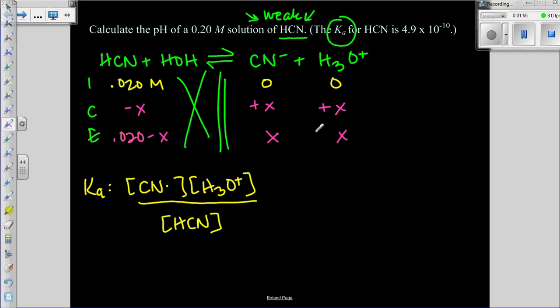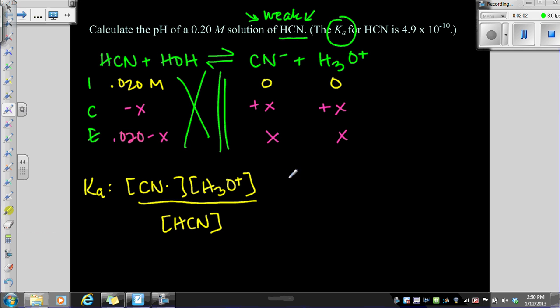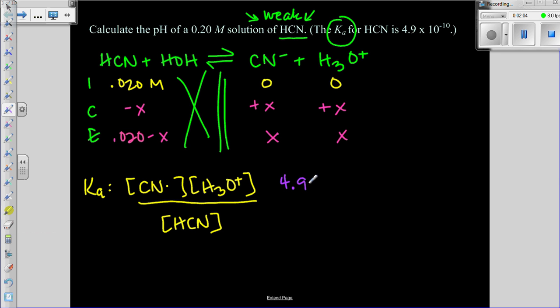All right, in order to solve for X, I'm going to substitute into my equilibrium expression. I'm going to start with my Ka, which is 4.9 times 10 to the negative 10th. Notice that that's very small. Each of these are X, so I have X squared divided by 0.020 minus X. My Ka is so small, if I multiply that by 100, I'm going to get 4.9 times 10 to the negative 8th, which is way, way smaller than that.